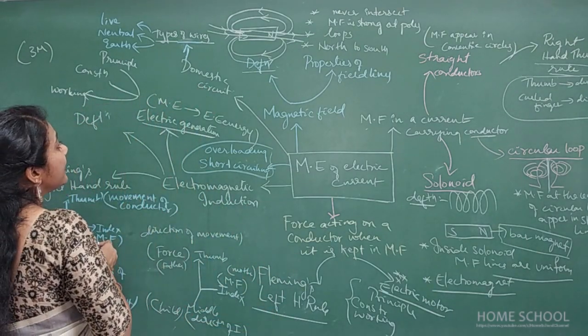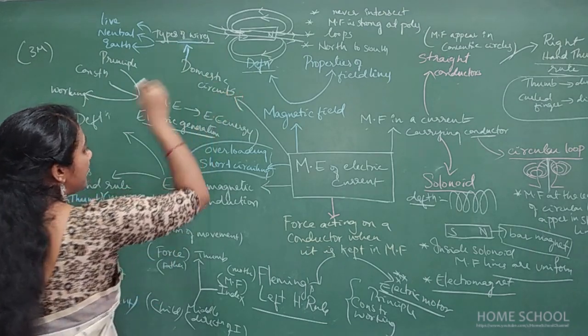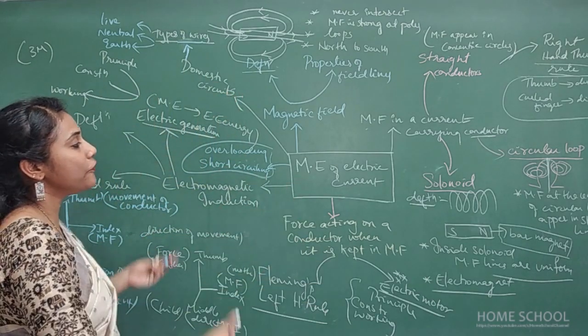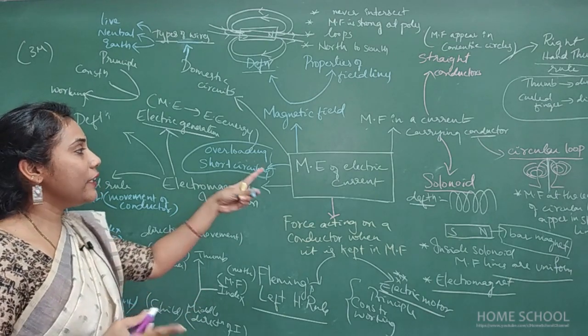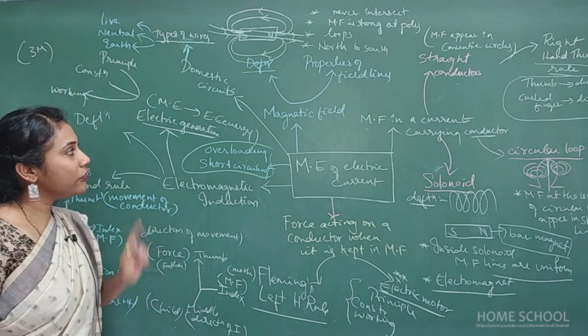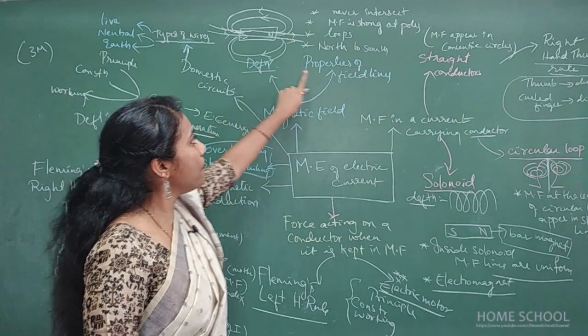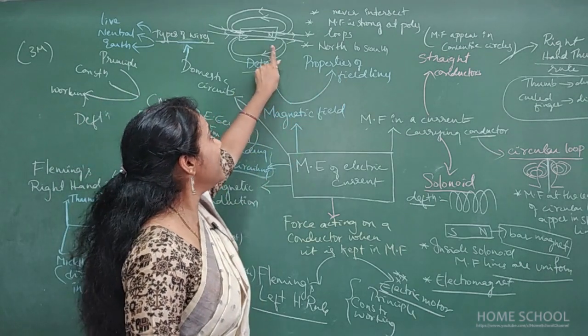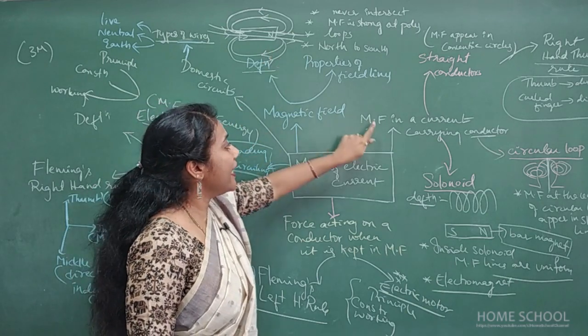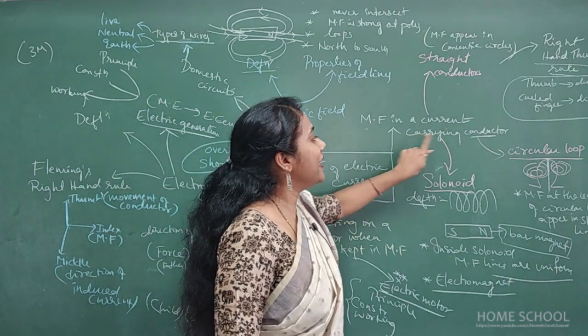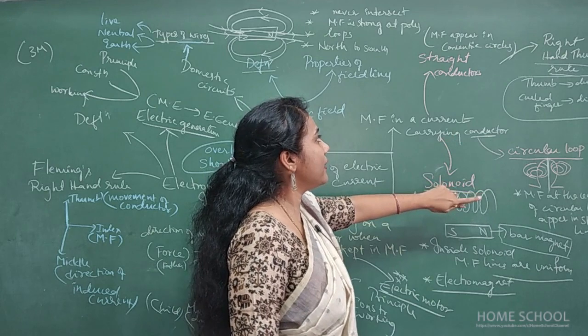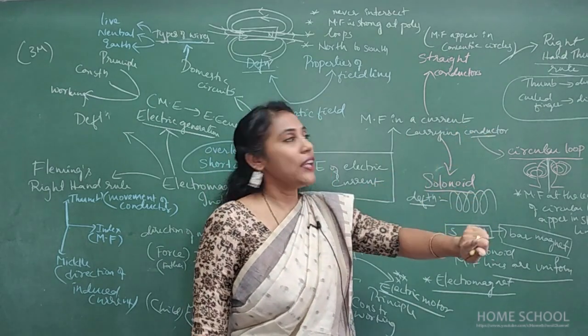Okay, so with this the chapter is completed. This is the entire flow chart of magnetic effect of electric current. One quick revision. First concept, magnetic field. Its definition is important, properties of field lines, and the small diagram, right? Next is magnetic field in a current carrying conductor. There are 3 shapes of conductor.